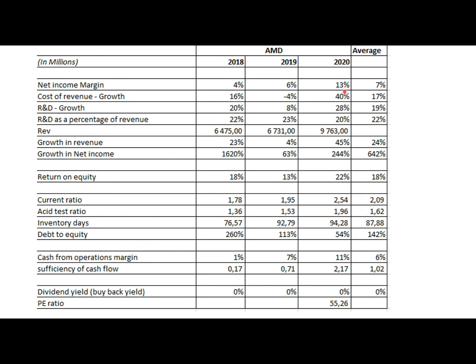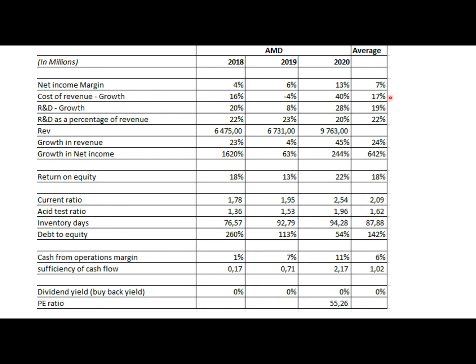So in some segments, it is trailing market leaders. In the GPU market, it is trailing Nvidia significantly, but it is making aggressive headway. So the low margins can be associated with the cost of spending to improve market share.